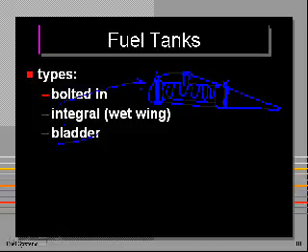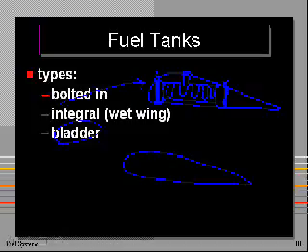Now, a bladder tank, let's see if I can draw a bladder tank. A bladder tank, instead of using metal, is made out of rubber. And this rubber is tied down, and it works out pretty good because you don't have to worry about the corners of the metal having sealant and starting to leak.